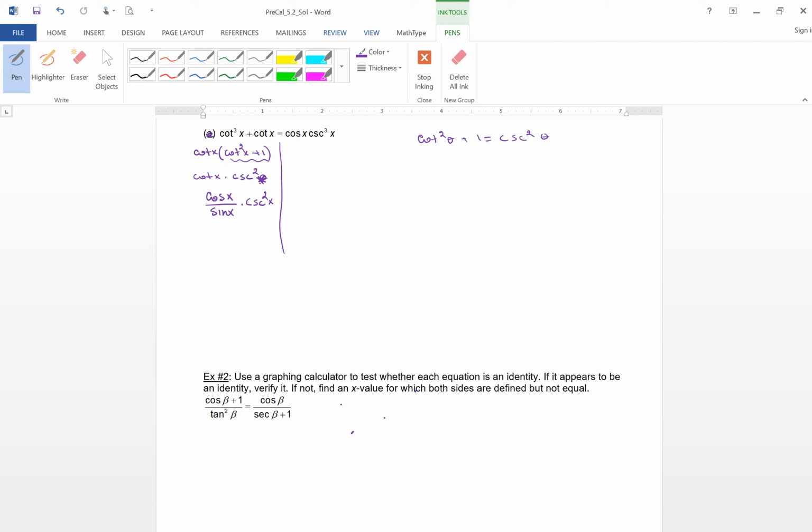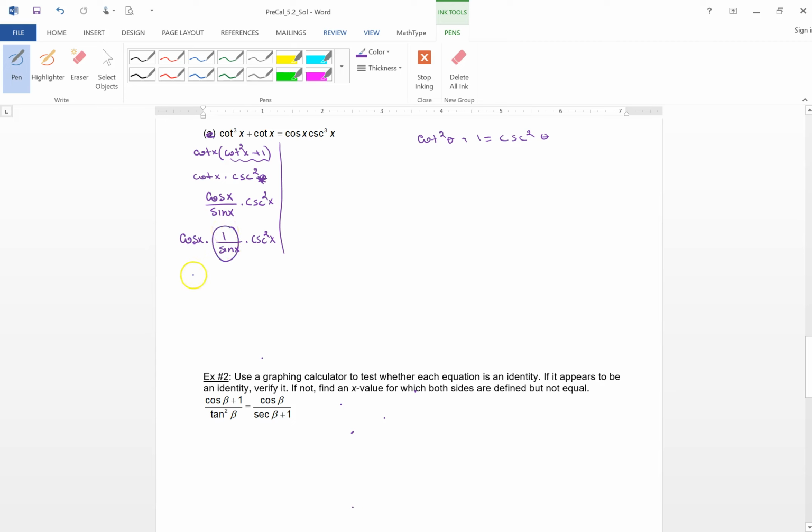So what do we have here? This is cosine over sine. I can rewrite it again. That's my favorite trick. Cosine over sine is the same as cosine x times 1 over sine x, right? This is cosine over sine times cosecant squared x.